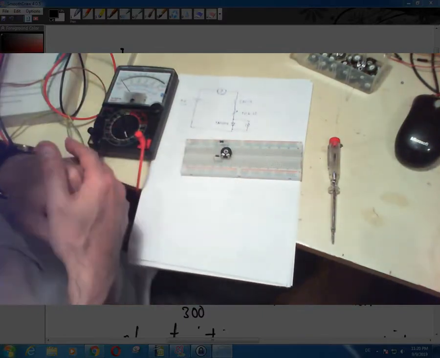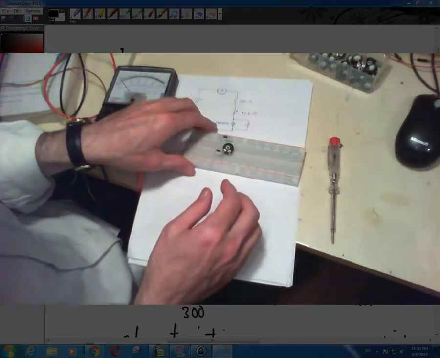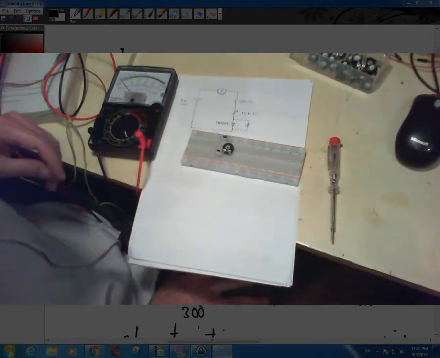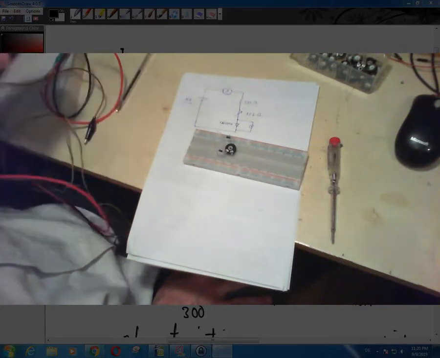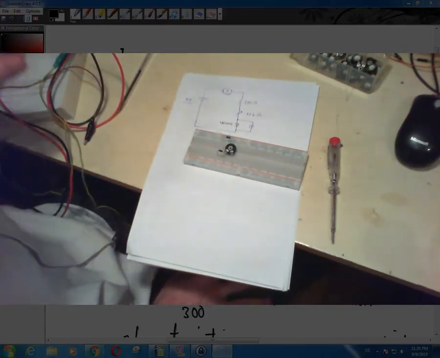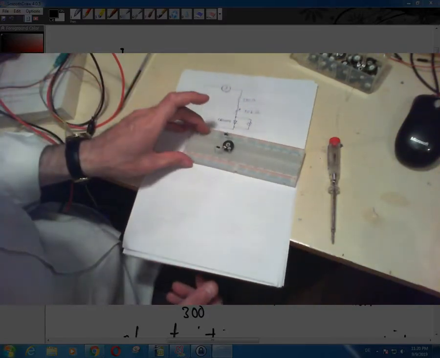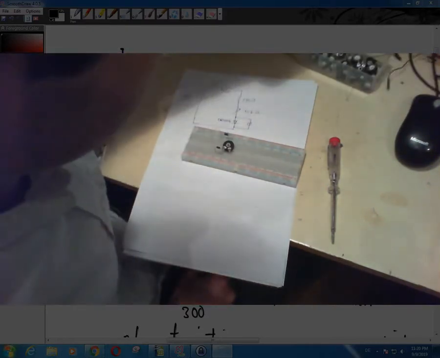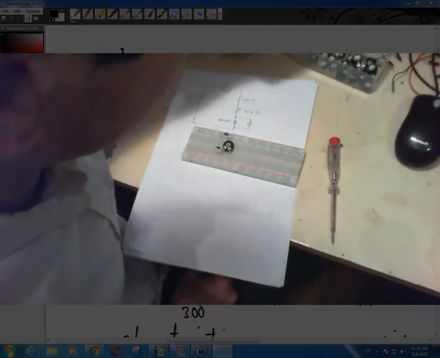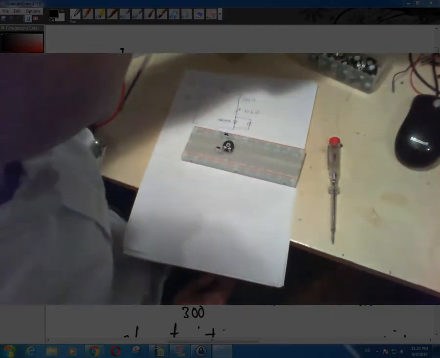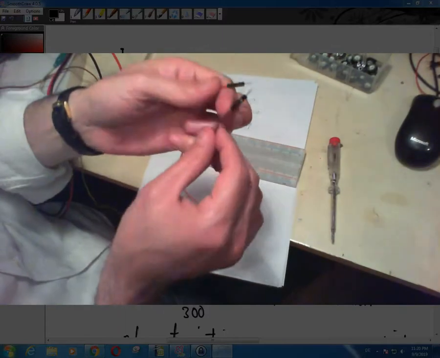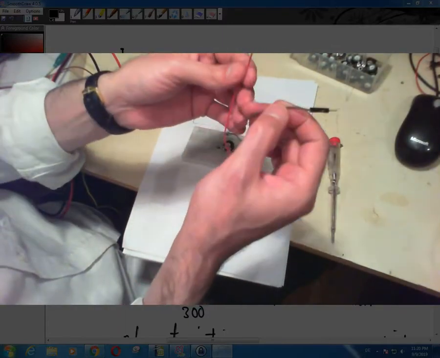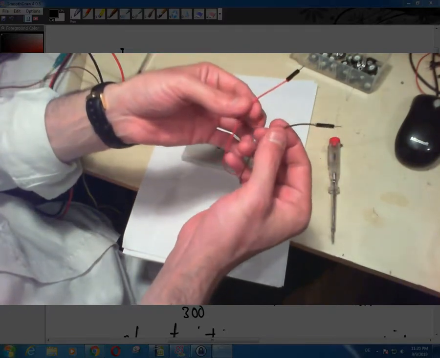Now what I need to do is set up my power supply. For the power supply, you usually choose two colors, for example these two pieces of wire. One of them is red, one of them is brown.